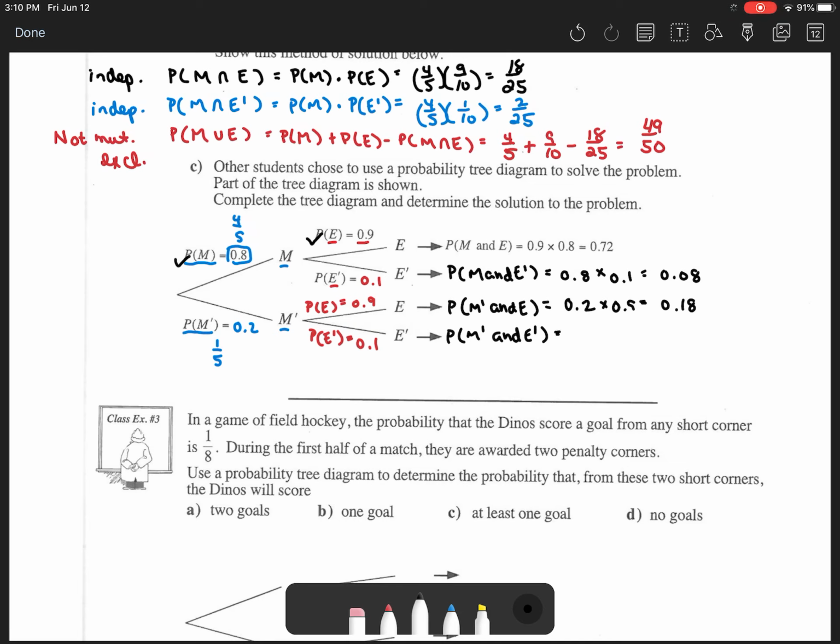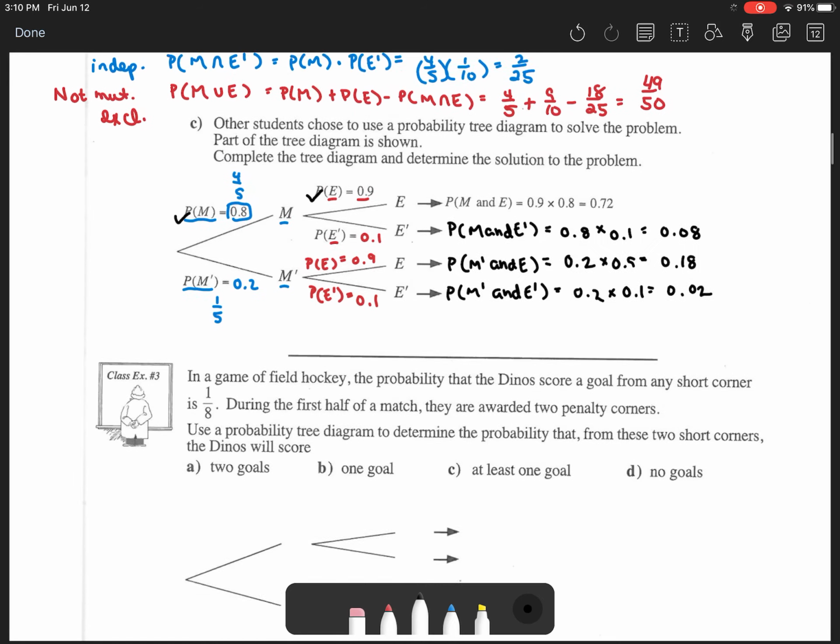Okay, so again, following those probabilities, multiplying them together, 0.2 times 0.1, okay, and that will be 0.02. So now I have all four scenarios there, okay, from my tree diagram. Okay, and you can see that those values that I calculated there will be the same probabilities that we got up above, just in B, they were in fraction form, okay, in C, I've expressed them as decimal form.